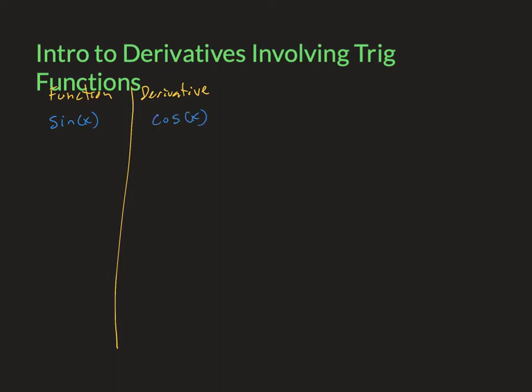And if the function is cosine of x, the derivative is negative sine of x. If the function is tangent of x, the derivative is secant squared of x. Secant of x, the derivative was secant x tangent x.